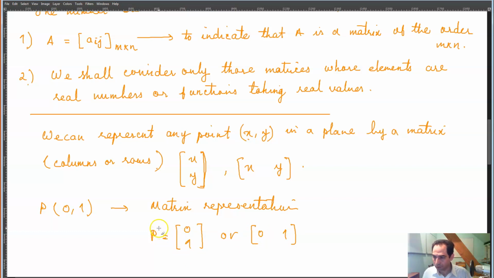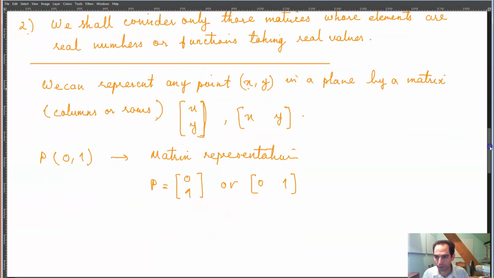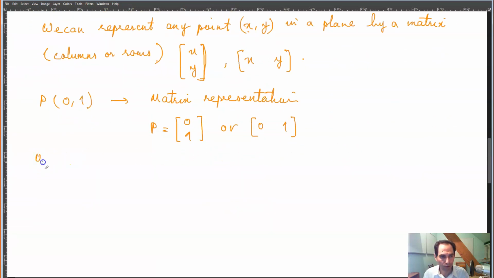And of course, you can understand that in this way we can also express the vertices of a closed rectilinear figure in the form of a matrix.